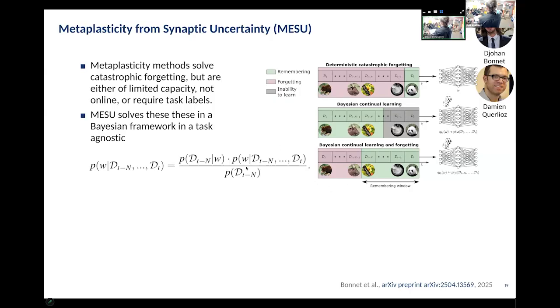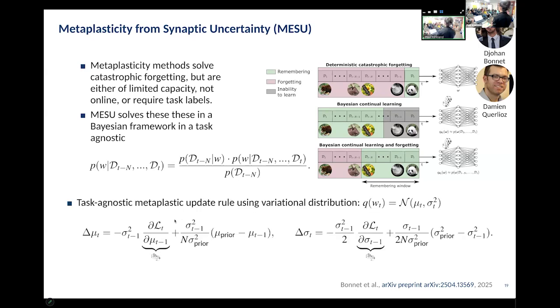The nice thing is that as you pose this as a Bayesian learning problem with variational methods, you can come up with a learning rule on the weight updates that tells you how you should update your weights. So mu is the mean of your variational distribution that describes your weights, and sigma is the uncertainty of those weights.